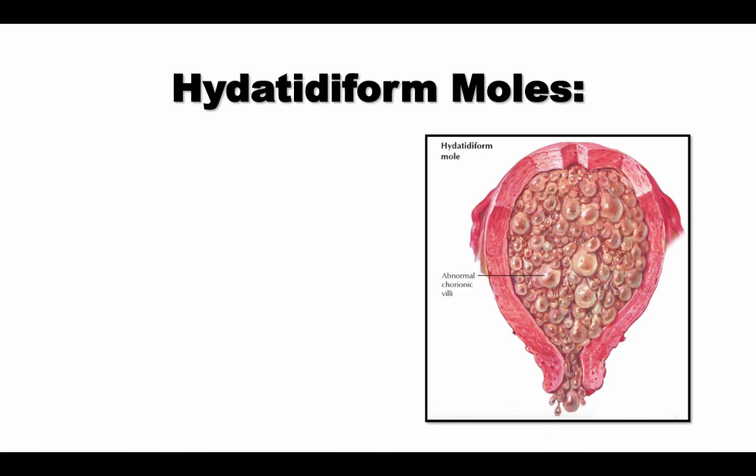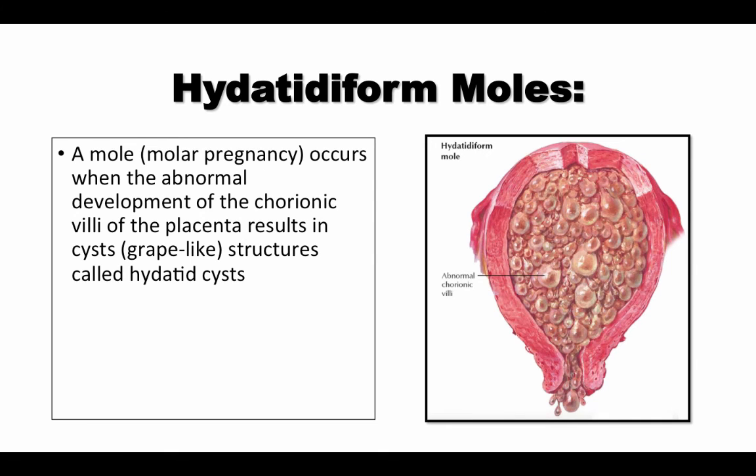So now let's talk about Hydatidiform moles. A mole or a molar pregnancy occurs with abnormal development of the chorionic villi of the placenta. The chorionic villi of the placenta, by the way, are those sac-like structures which are filled with the fetus's blood, where you have exchange of oxygen and CO2 with the maternal blood flowing through the uterus, and you also have exchange of nutrients and antibodies and such occurring at that location.